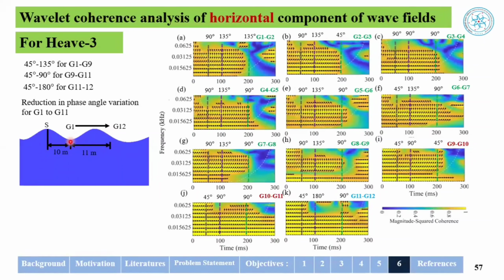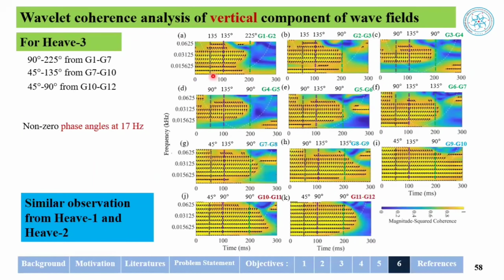But in the vertical component, the variation is slightly different compared to the horizontal component, and the phases are higher in magnitude for the vertical component. We can also observe the non-zero minimum phase occurring at a frequency of 17 Hz at heap 3. Similar observations were made for heap 1 and heap 2.